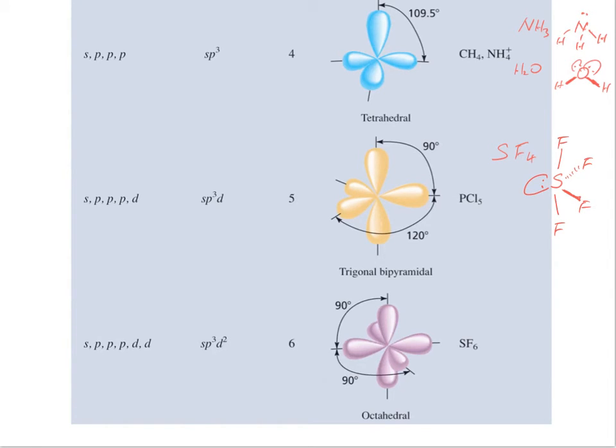So in this case we have 1, 2, 3, 4 single bonds as 4 bonding pairs and 1 lone pair. 4 plus 1 is 5. Therefore, the arrangement of the 5 pairs should be trigonal bipyramidal, and the hybridization state of the central sulfur atom should be sp3d, although the molecular geometry here is seesaw or distorted tetrahedron.